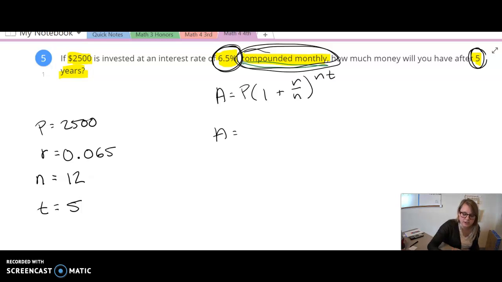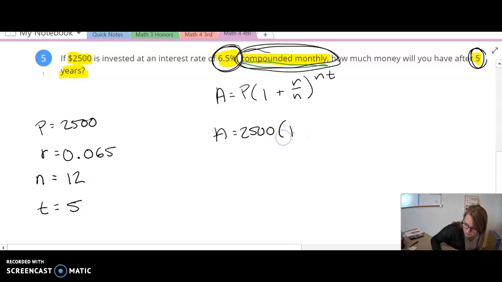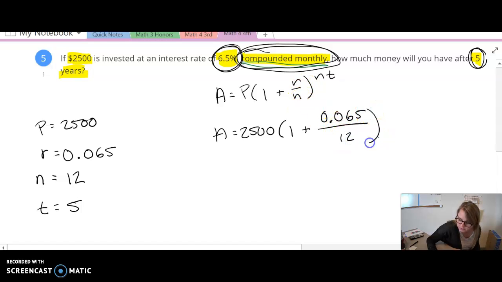So now let's put that all into our equation. P is 2,500, and then 1 plus R, so 0.065, over N, which is 12, and then raised to N times T, so 12 times 5. Now I would do this by hand, but I'm not going to torture myself.